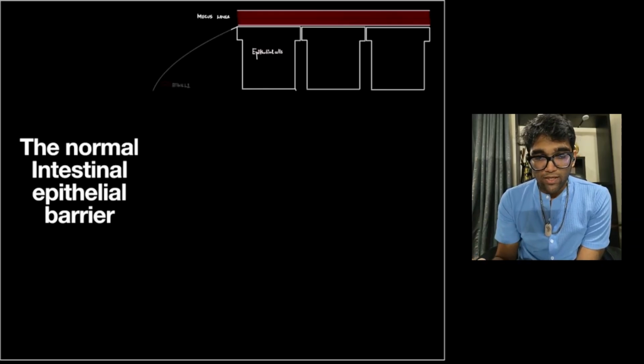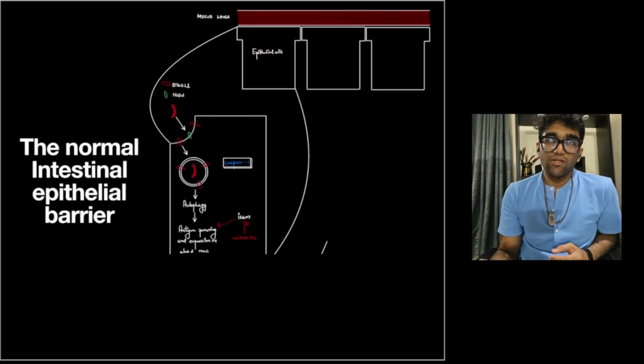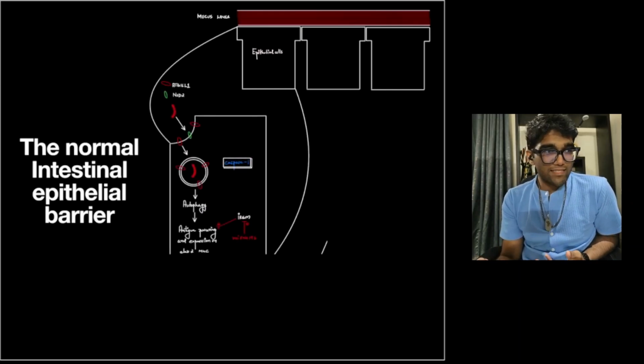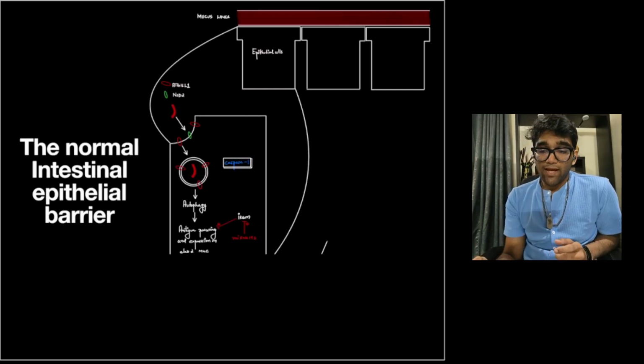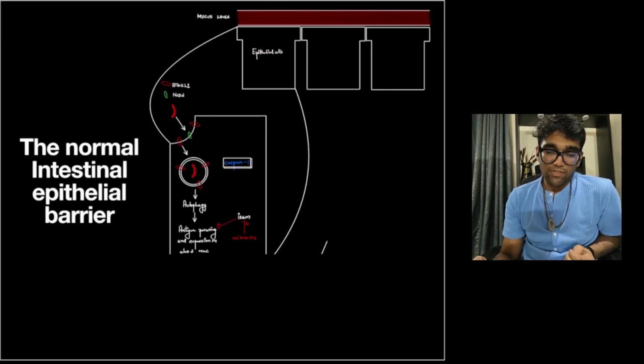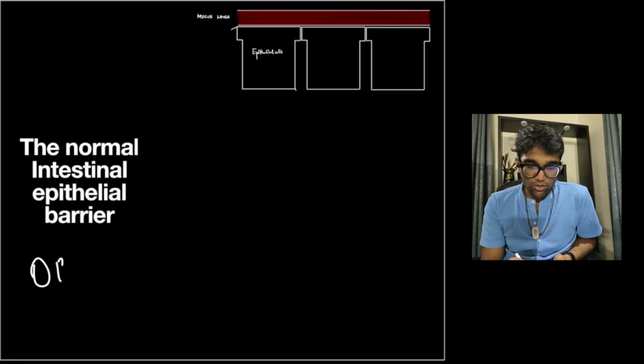Now the thing is, everybody obviously eats, and when you eat you are ingesting a lot of foreign antigens. Okay, and as we've discussed previously, exposure to foreign antigens is what causes innate immune activation, and subsequent adaptive immune activation. But that doesn't happen when you ingest food items, and that is what is called oral tolerance.